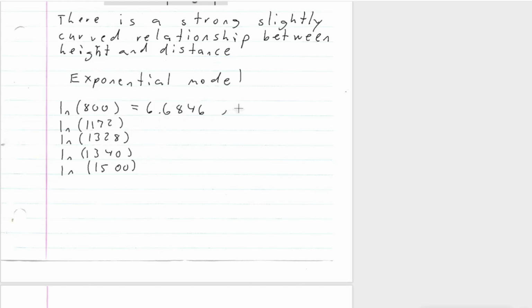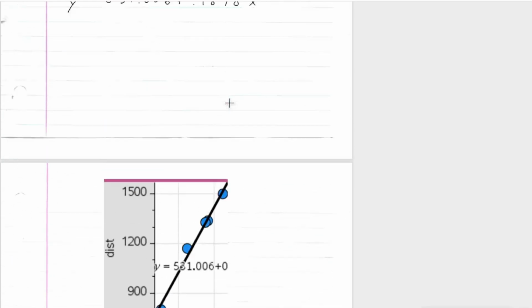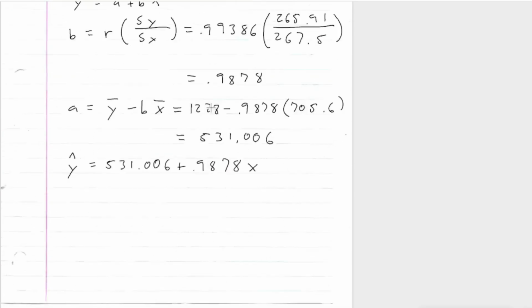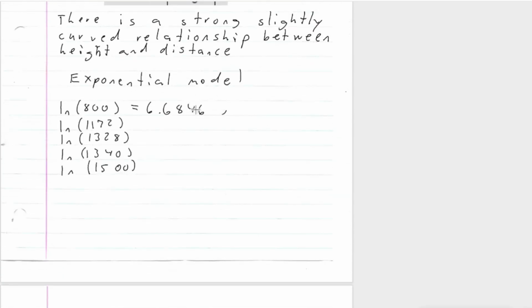And this is, of course, when x is, so for 800, this is when our height is 300, right? So x is equal to 300. This is equal to 7.06647, where our x is equal to 600.